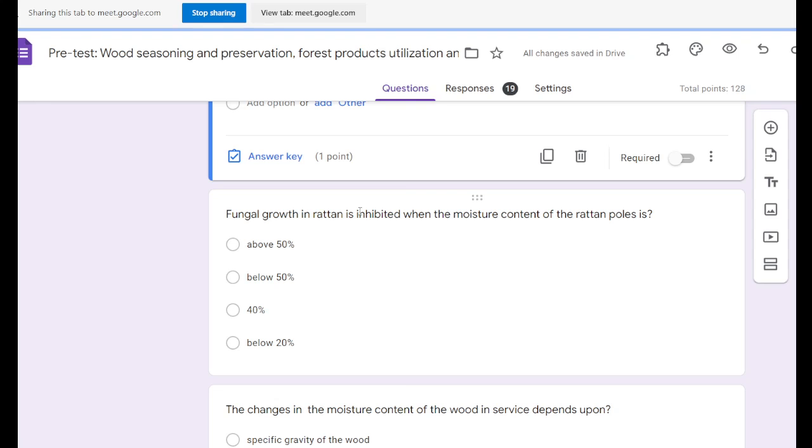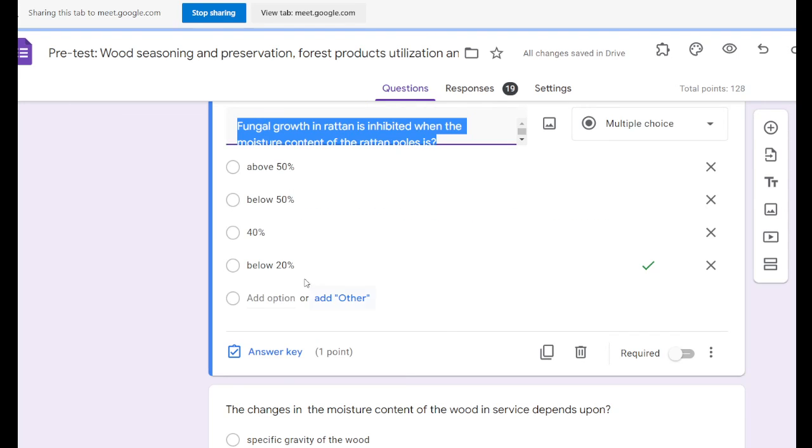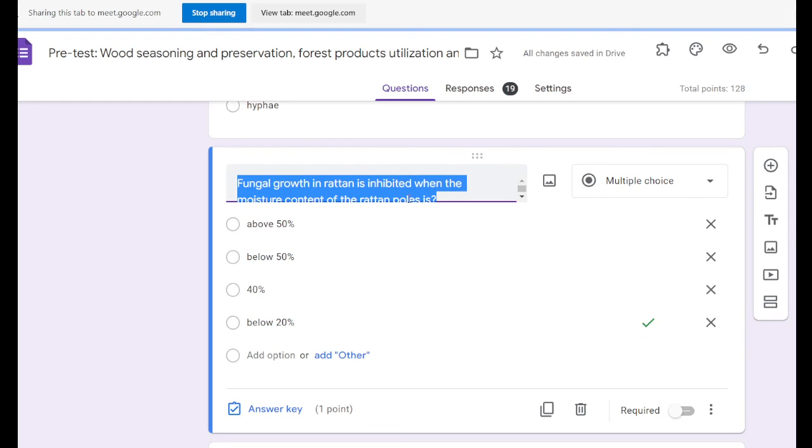Fungal growth in rattan is inhibited when the moisture content of rattan poles is below 20%. Okay? If the moisture content of wood, rattan or bamboo is more than 20%, it is favorable to the growth of agents like fungi. Below 20%, below the fiber saturation point, the moisture content is very low, so fungal growth can hardly occur.